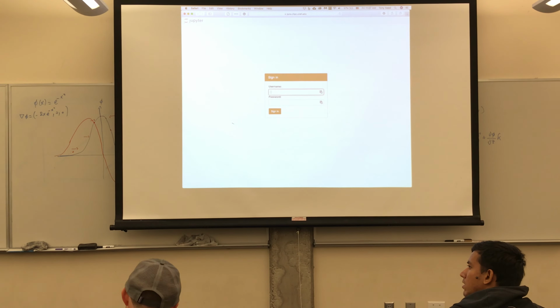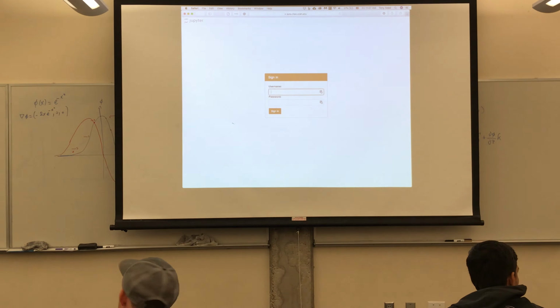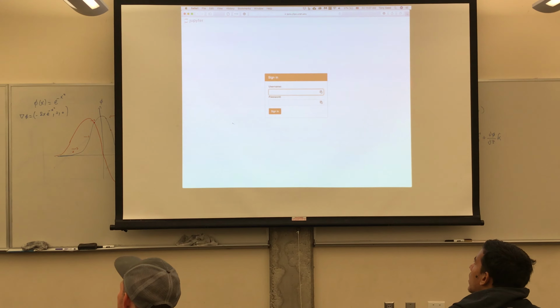So are you familiar with JupyterHub? Okay, so this is Jupyter in a web browser. You don't need to even install it on your laptop. Okay, you just log into this, use your unit and password. Okay, so use 07153. You're gonna sign in.